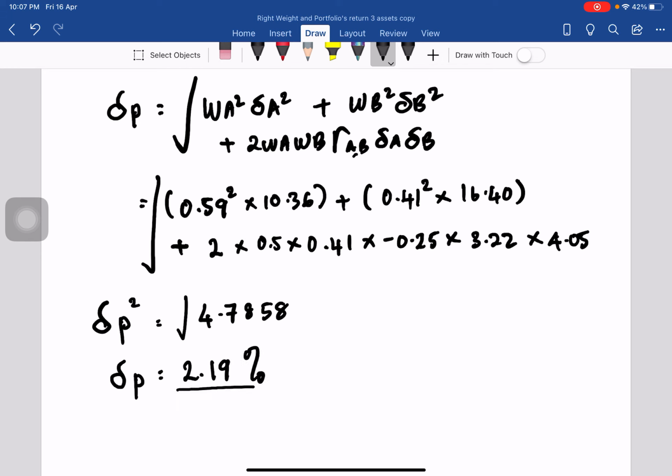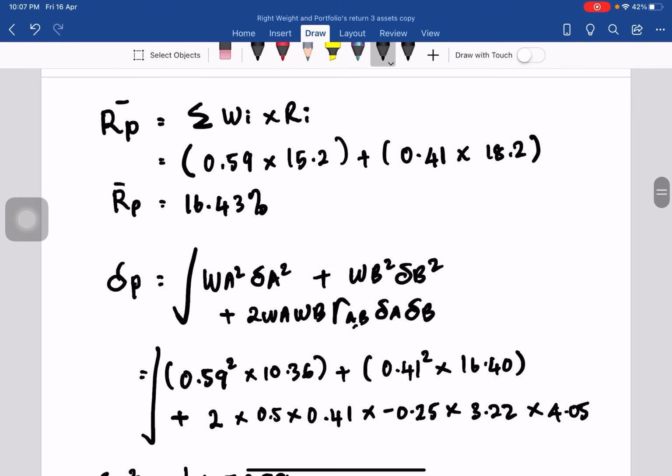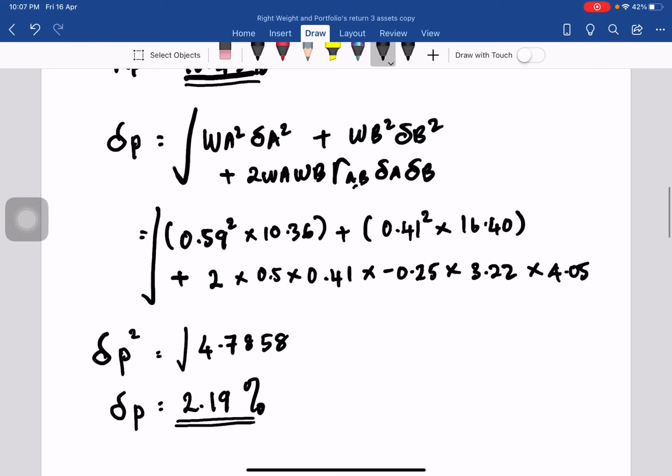So that's all. The idea is you have to calculate the weight first, and then you can calculate the return of the portfolio, which is the RP, and also the risk of the portfolio, which is the standard deviation. So that's all for this video.